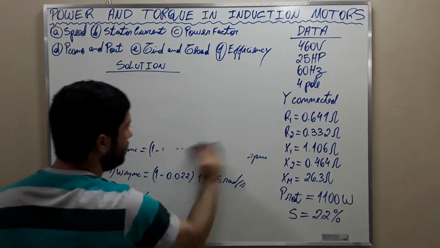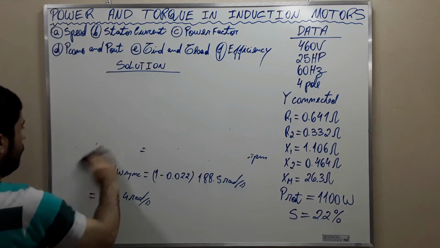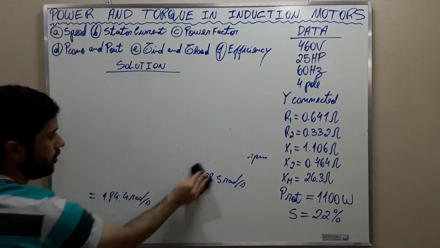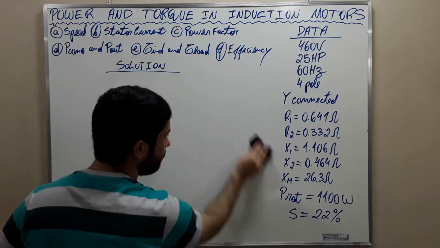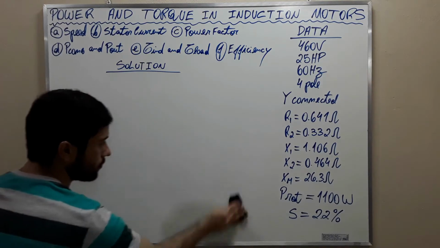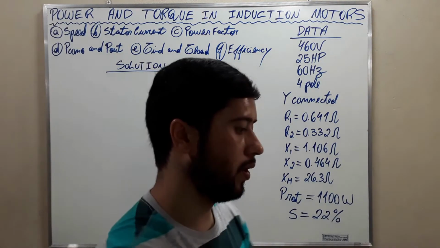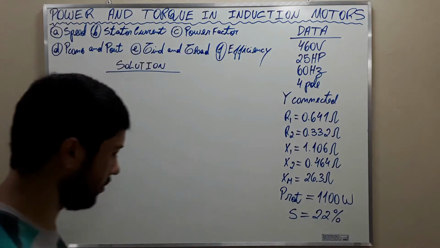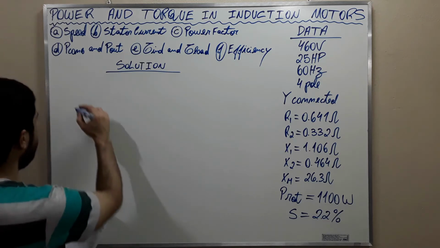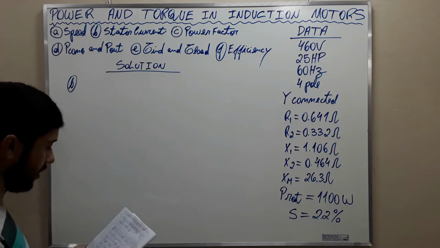Before calculating the stator current, we need to find out the equivalent impedance referred to the stator side. To find the stator current, it's necessary to firstly find the equivalent impedance referred to the stator side.